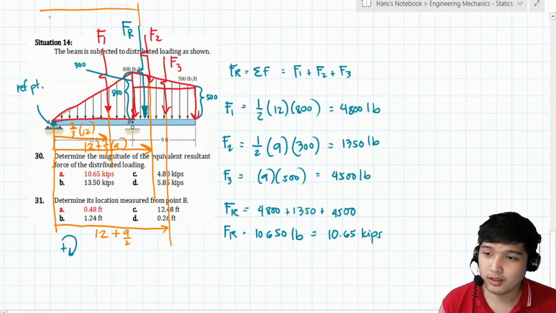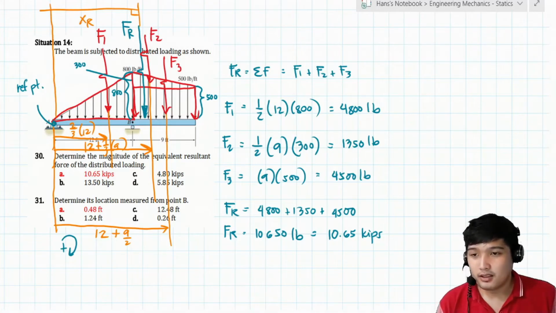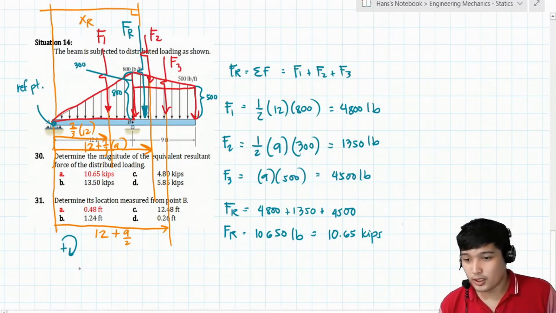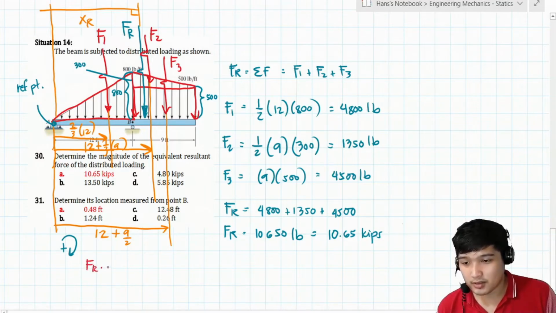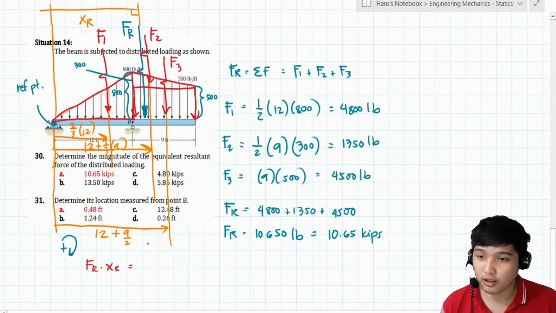So, as, XR. Okay, perpendicular distance, XR. So, kung isusulat natin yan, magiging what yan? Total force times its perpendicular distance, XR. So, moment ng resultant equals sa summation ng moment ng component.